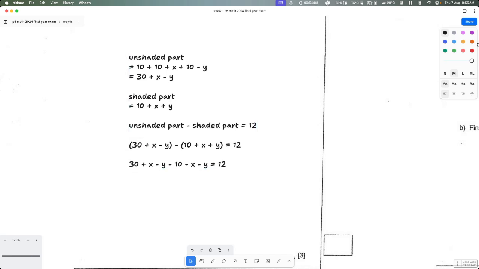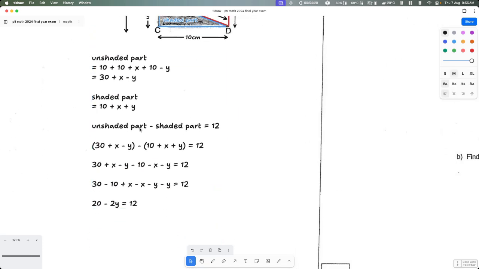So from here you have 30 minus 10, right? Plus x minus x minus y equal to 12. So 30 minus 10 is 20. X minus x is 0. Okay, and then minus y minus y is minus 2y, equal to 12.